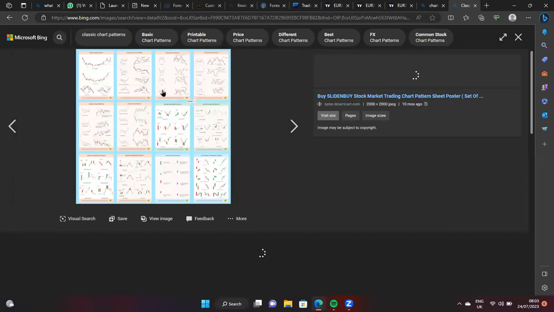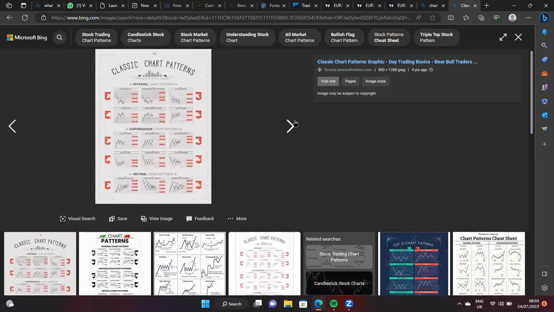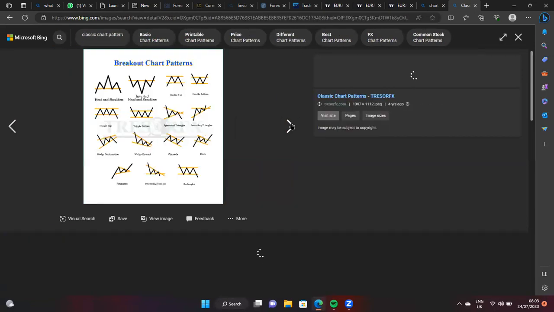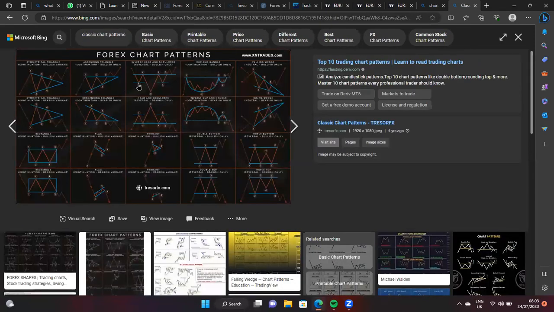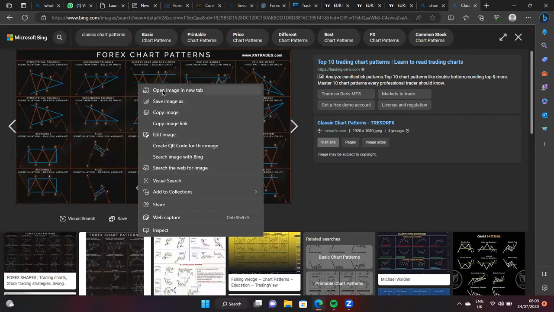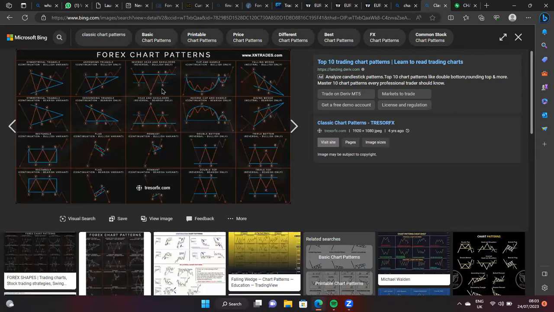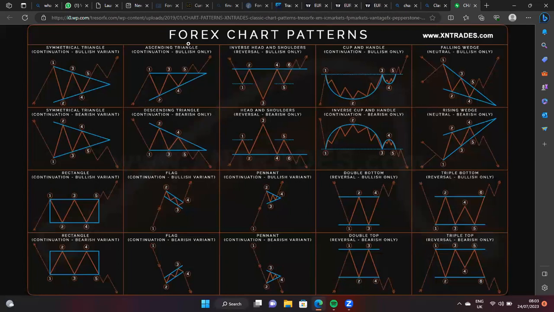I believe you can see this chart. So chart patterns carry powerful reversal in a trend, affecting any trend, whether the trend is on the up move or on the down move.